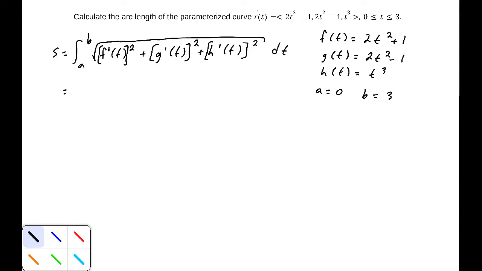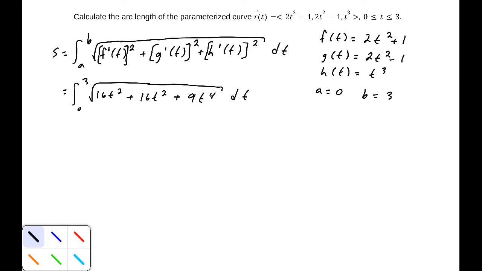And so our arc length becomes the integral from 0 to 3 of the square root of 4t squared, so that would be 16t squared, plus derivative of g is 4t, and then we square that, so that'd be 16t squared again, plus derivative of h of t, t cubed, is 3t squared, and then we square that, it's 9t to the fourth, dt.